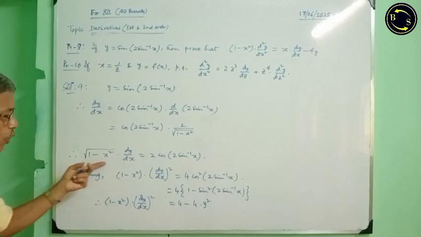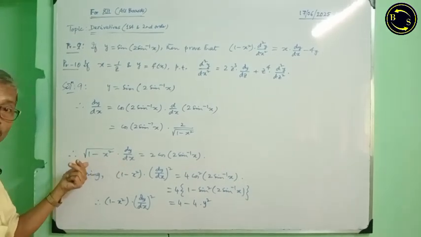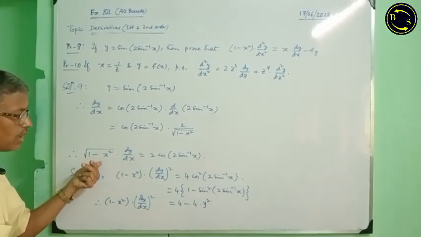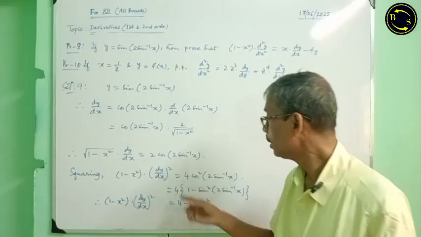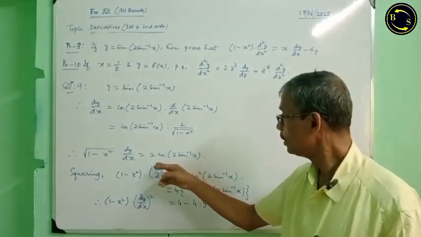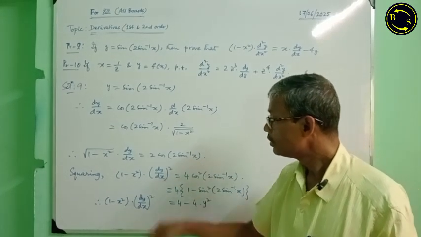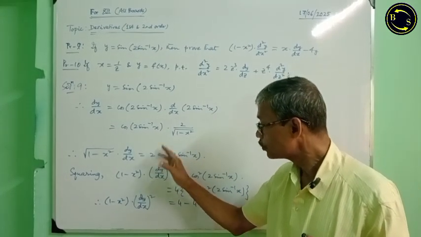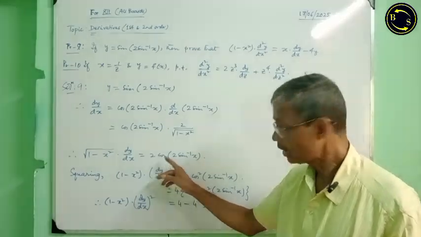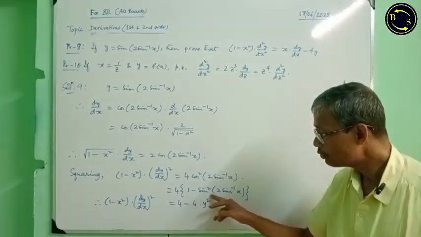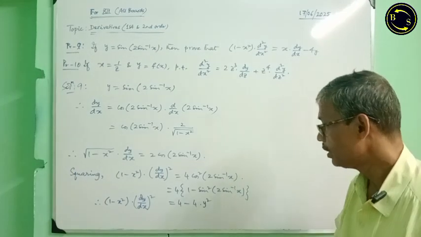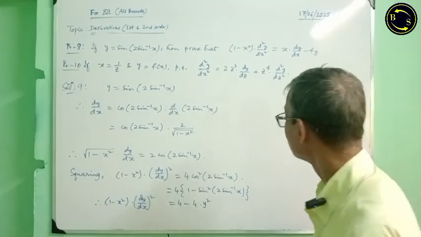If we don't square, then it will be the square root of 1 − x², and if we differentiate this one, it will be complicated. If we square, then it will be cos², then in place of cos² θ form, we put 1 − sin² θ. Then it will be quite easier.